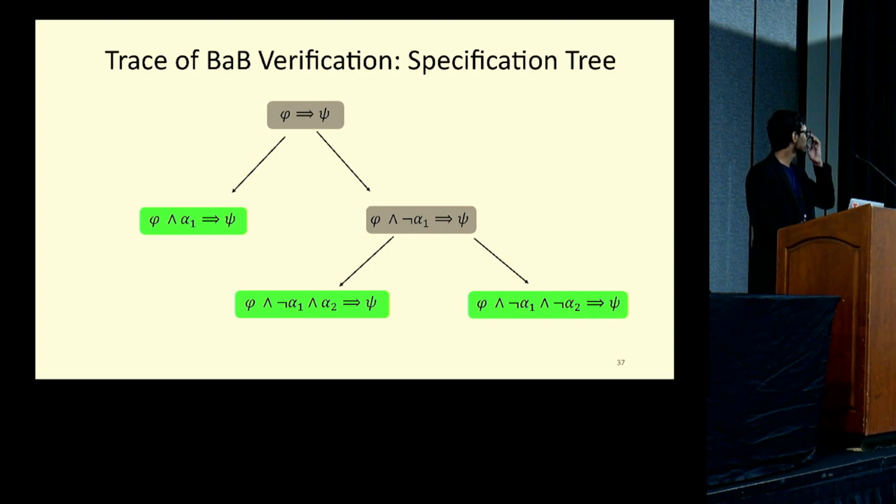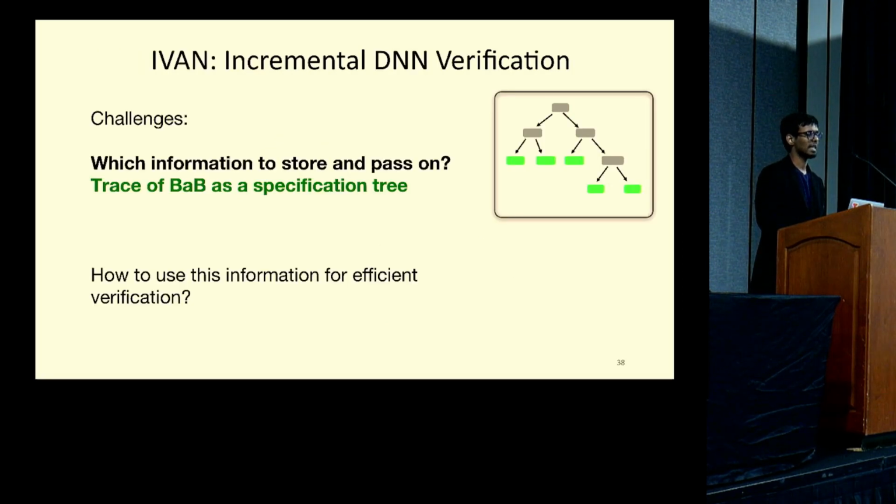Now, if we look at this execution of BAB-based verification, it always generates this trace, which is a rooted binary tree. And each node in this tree represents the specification of the problem that we attempted to solve. So this data structure that we defined, called specification tree, is the answer to our first challenge.